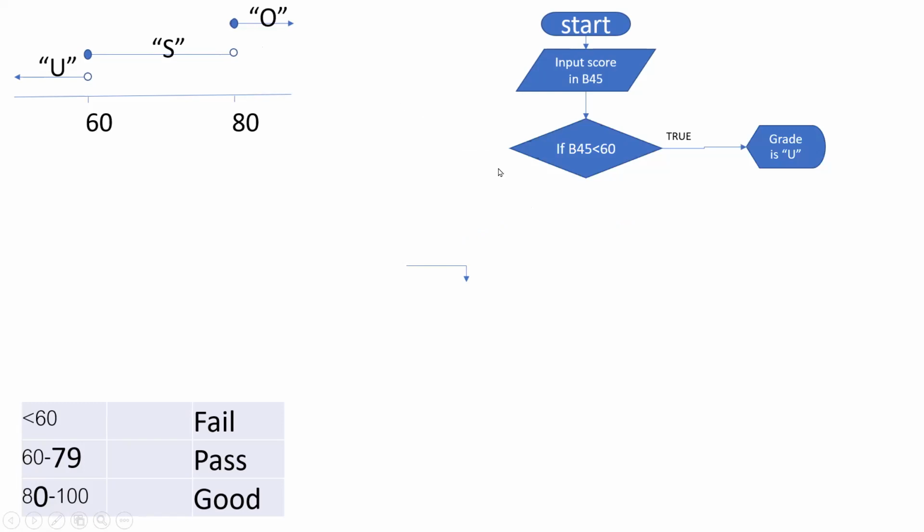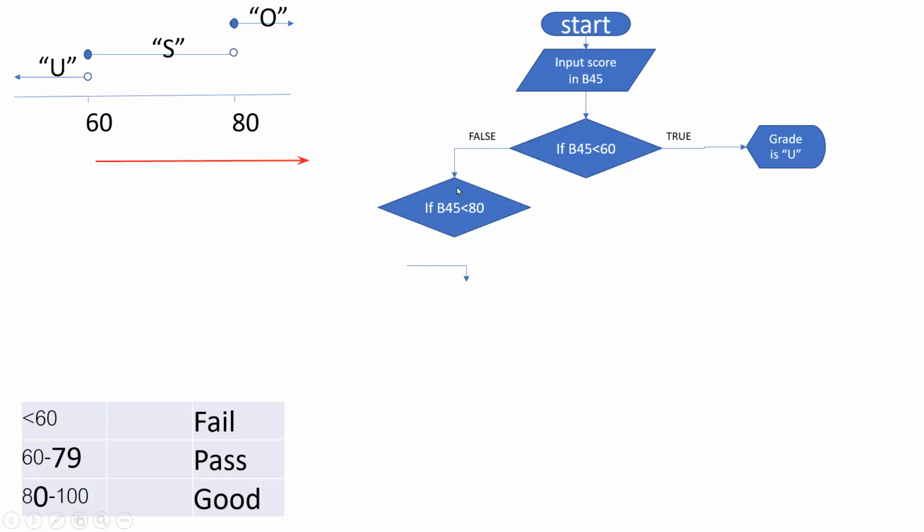If you just say that okay, grade is S, that's not what we have to do, because if the score is greater than or equals to 60, the score goes to this side and you still have 2 possible grades to be judged. That's why in here I say that I still have to go on checking if it's false.